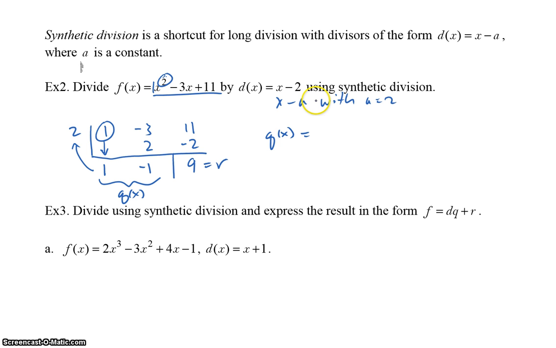And that means that we'd interpret this as 1x minus 1, or simply x minus 1. The remainder, of course, as I mentioned, is 9. If you look back now at example 1a, you'll see that's exactly what we obtained previously using long division, but you can see that with synthetic division, you're going to obtain your result much more quickly.